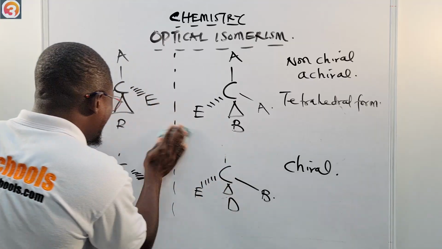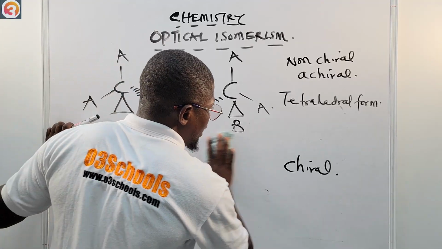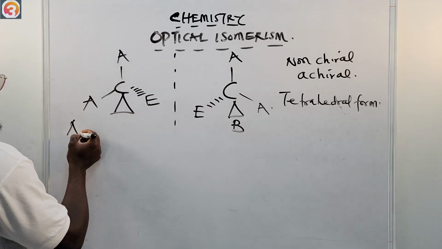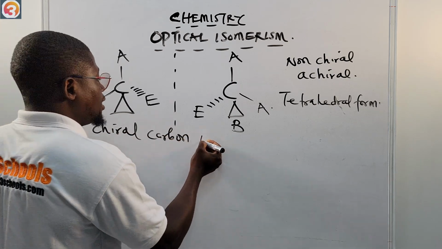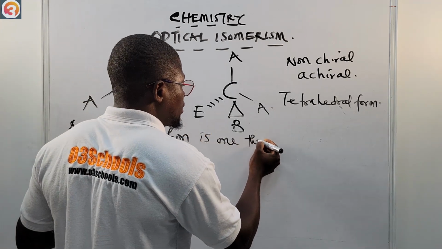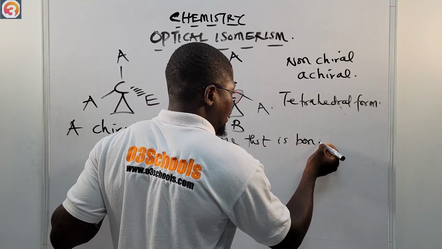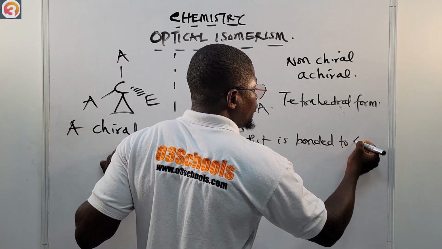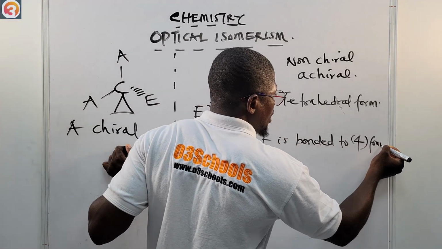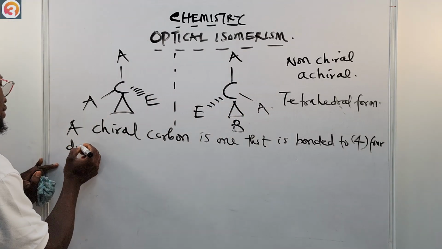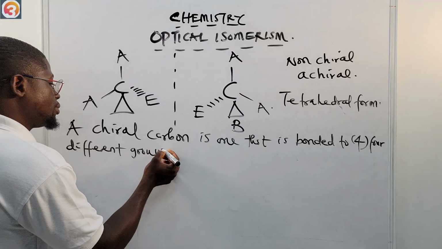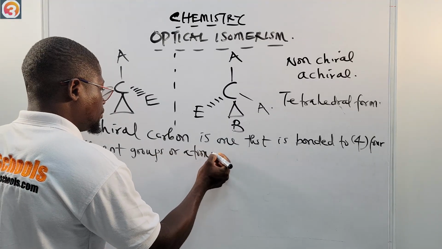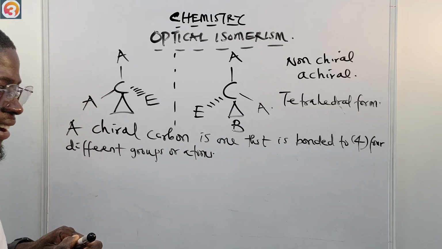Let me make that very clear: a chiral carbon is one that is bonded to 4 different groups or atoms.